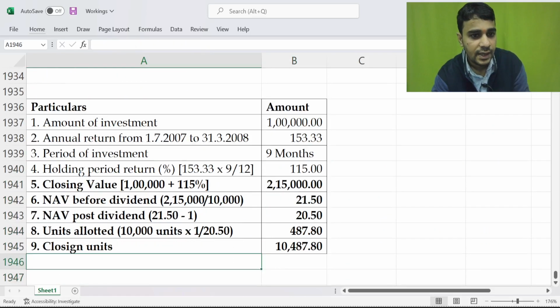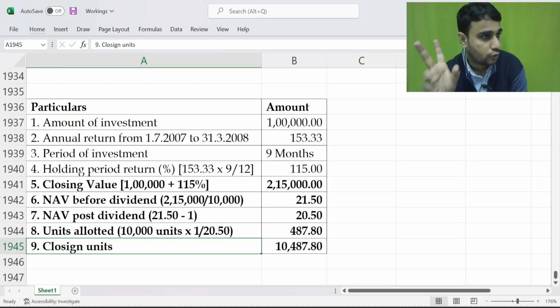Amount of investment, annual return from 1/7/2007 to 31/3/2010. Number of months, holding period return, closing value is 1 lakh plus that value. NAV: no before dividend, no post dividend, one NAV only. There's no dividend here. NAV is closing value divided by the number of units.